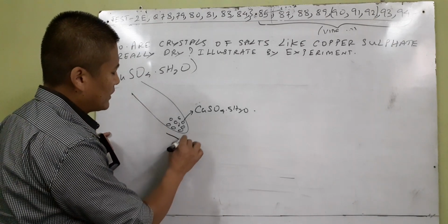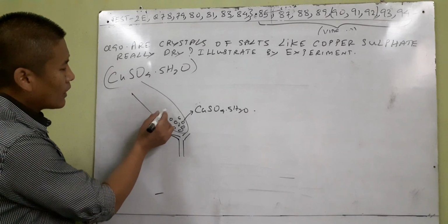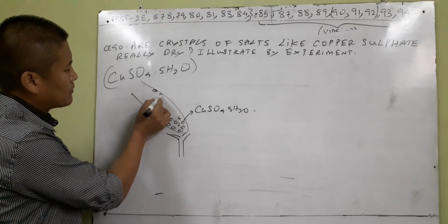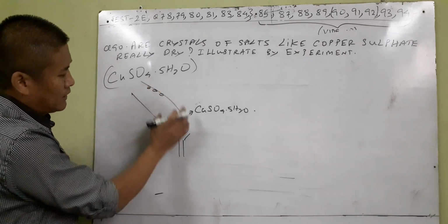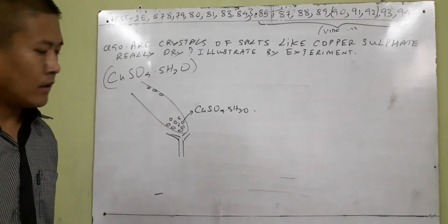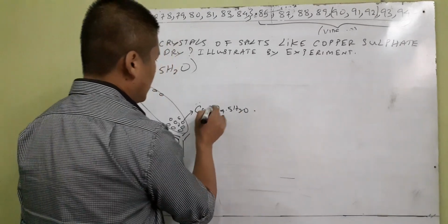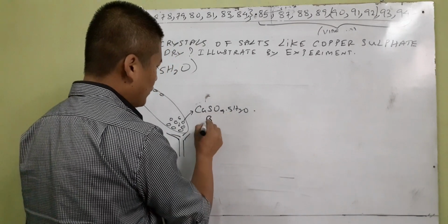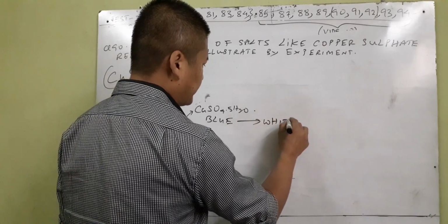We're trying to see. So burn a stove, start heating. After some time, water droplets begin to gather on the upper part of the tube where it's cooler. This part is hot, and in the cool area water droplets collect. The copper sulfate is blue, and the blue color changes to white.